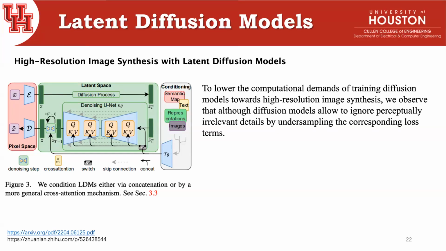What's more, as you can see, in classifier guidance or classifier-free guidance, they use text or a classifier to guide the denoising process. But in this work, they put the condition, like text representations and images, into tau theta, and feed it into the denoising U-Net.